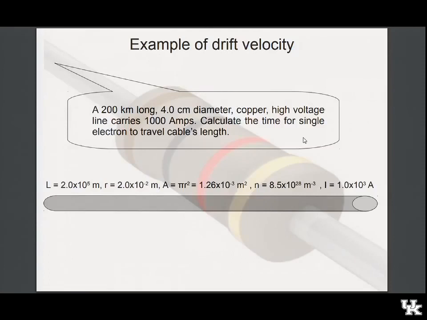And we can calculate that time from the relationship between current, our macroscopic picture of charge flow, and drift velocity, the microscopic picture of charge flow, and that equation that we just met that relates those two. So let's go ahead and do that. Maybe I'll do this on the document camera.